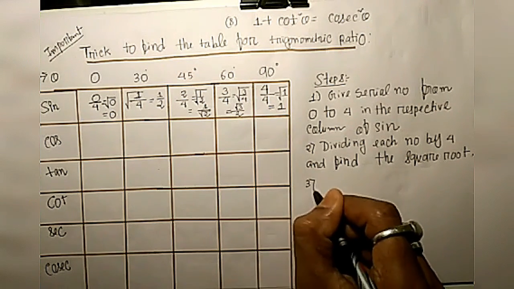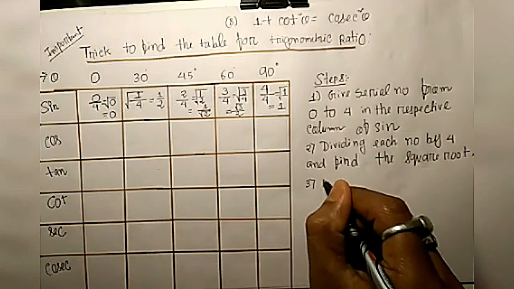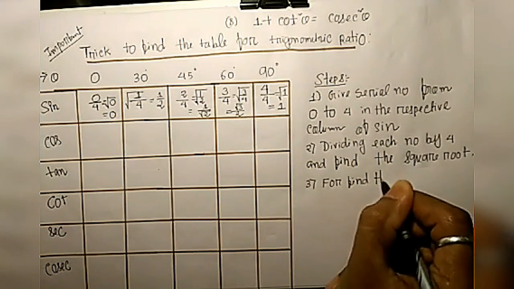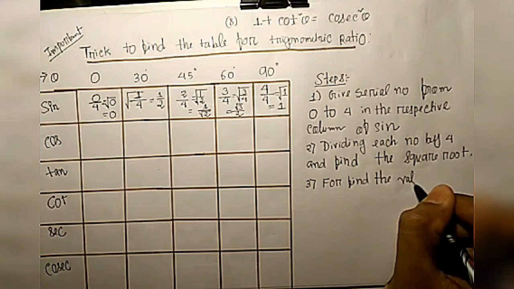So step number 3: we have already found the values of sine. So how can we find the values of cos? It's very simple.